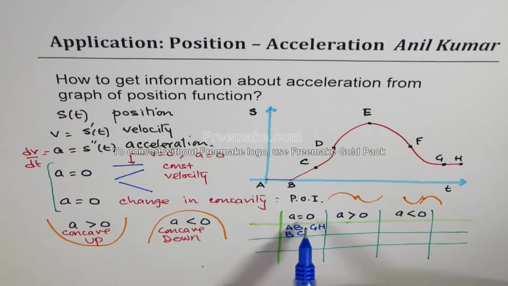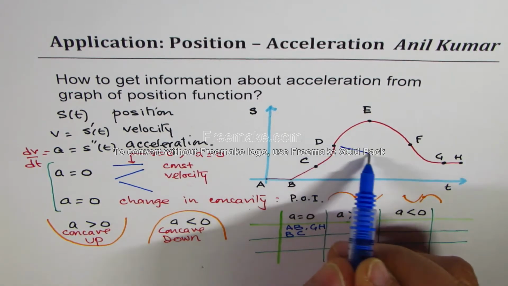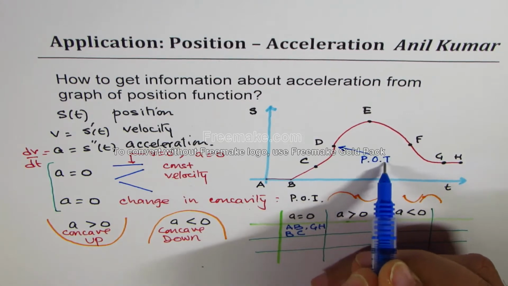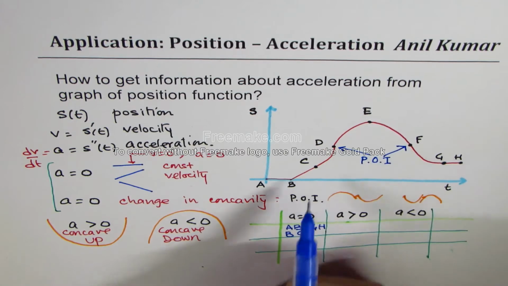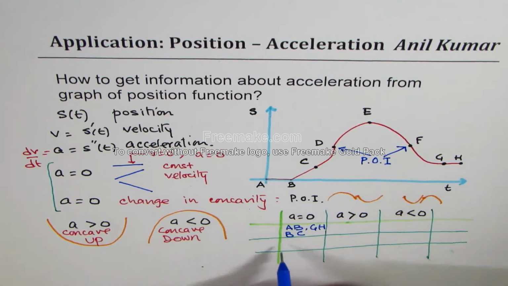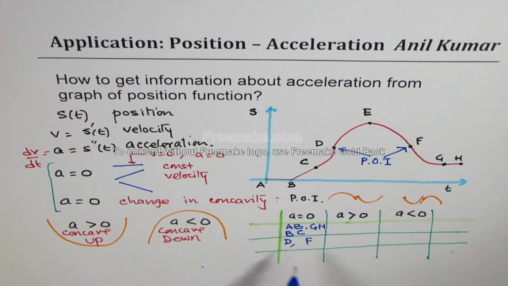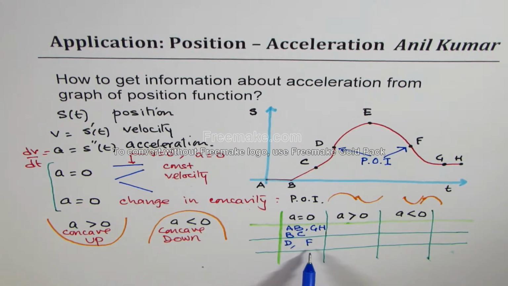Now acceleration is also 0 at a change in concavity, right? So you see it is concave up and down. So that is a point of inflection, right? Same is the case at F. So at these two points, let's say point D and point F, where we have a point of inflection, acceleration is going to be 0, right? That's very important to understand.